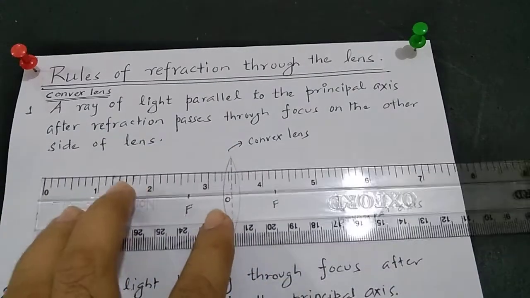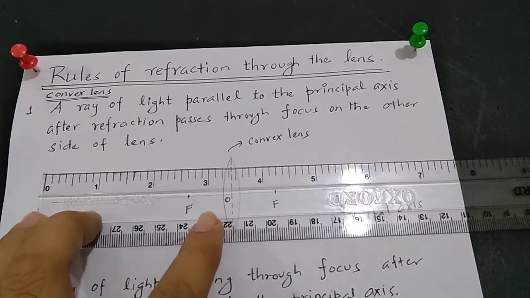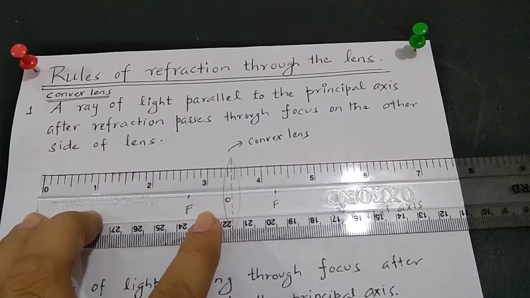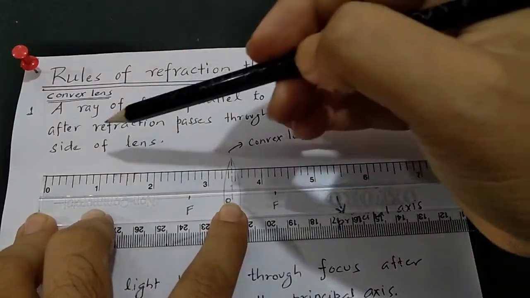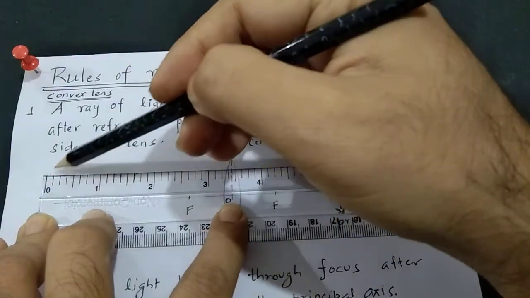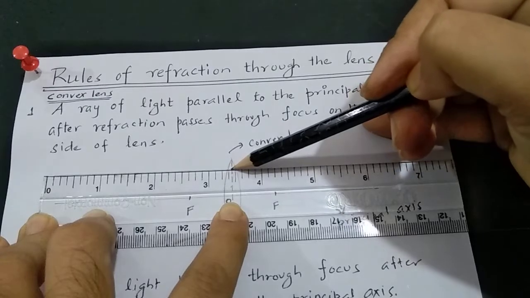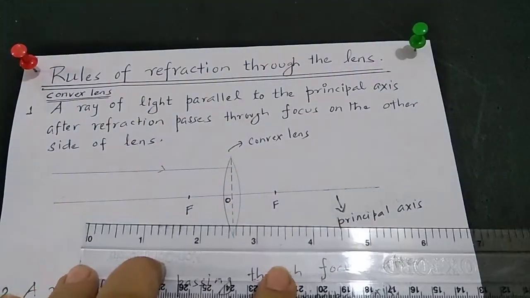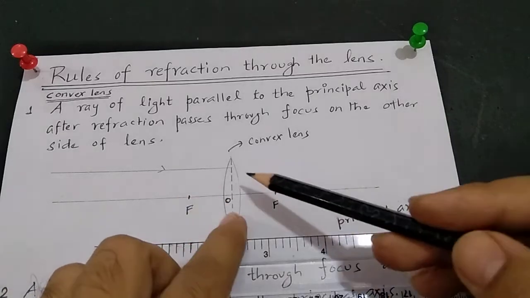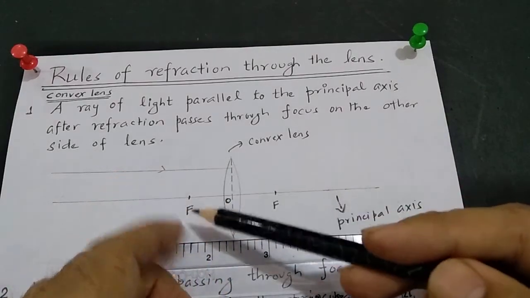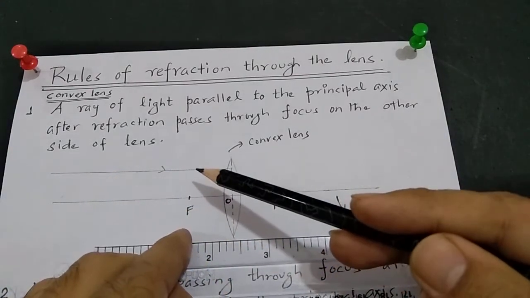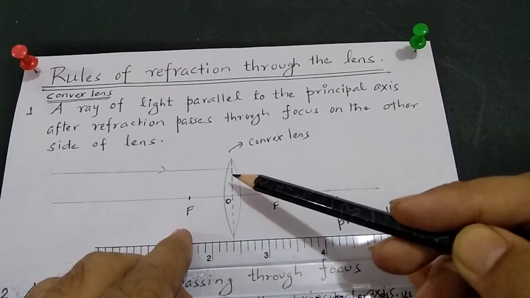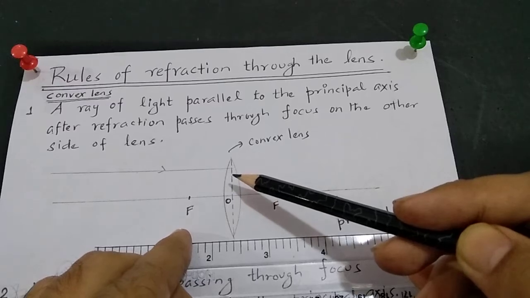Let's first draw the incident parallel ray of light. This one is the incident parallel ray of light. It is parallel to the principal axis and it touches this part of the lens.